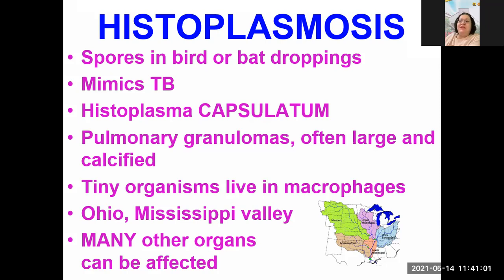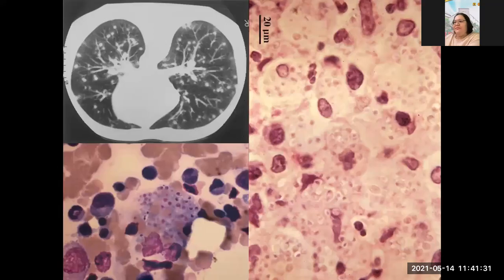It mimics tuberculosis, and it is caused by Histoplasma capsulatum. It often causes pulmonary granulomas, and it's often large and calcified. Tiny organisms live in the macrophages. In the United States, it's seen in Ohio and Mississippi, and not just the lungs, but many other organs can be affected. So this is a photo of that, Histoplasma capsulatum.